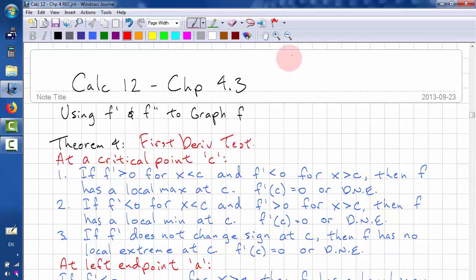And it's important to make a distinction between positive and negative y values versus increasing and decreasing functions.